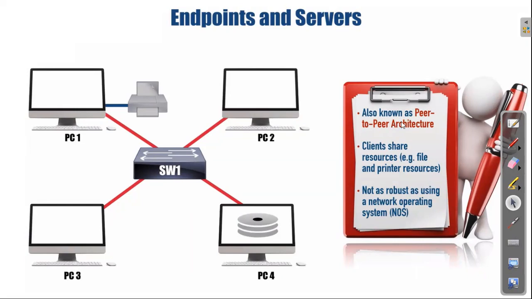So another type of architecture is there, that is peer-to-peer architecture. All act as clients. So all can share the resources. Clients share resources. Not as robust as using a network operating system. This is simple. It is called peer-to-peer architecture. It's like a workgroup.